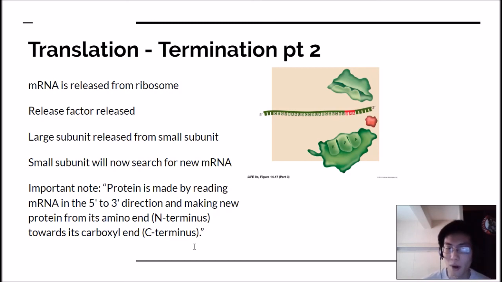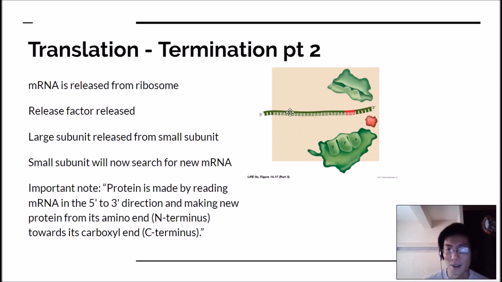So again, an important note to keep in mind is that protein is made by reading mRNA in the 5' to 3' direction. This is a little bit different because in, for instance, transcription or DNA synthesis, the reading is from the 3' to 5' direction.